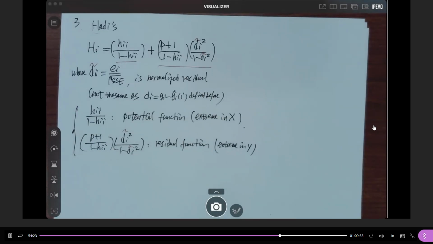Okay, so for all these measures, if it is large, it tells you the data point has both high leverage and outlierness.